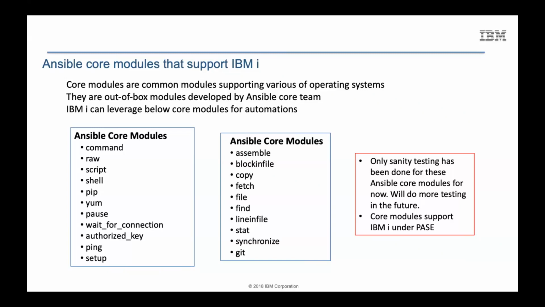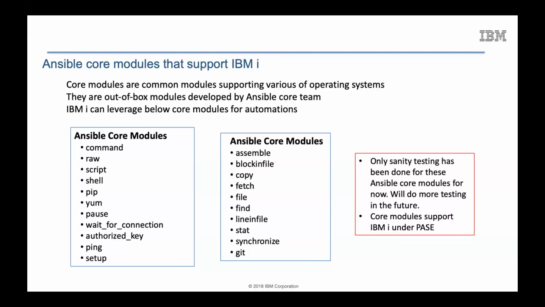Yeah. So the last page showed the IBM modules that we have implemented for the IBM platform. And this page shows some Ansible core modules, those out-of-box modules, which are not developed by our team, but can be used or leveraged for your IBM tasks as well. Some of them control the workflow inside your playbook, and some of them can run under PASE.